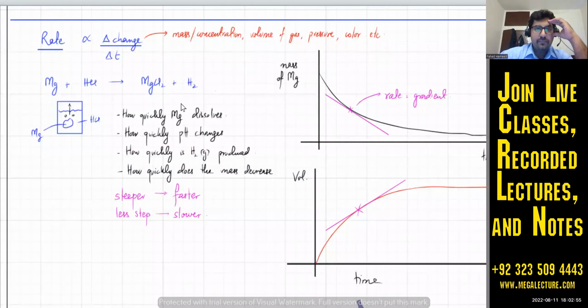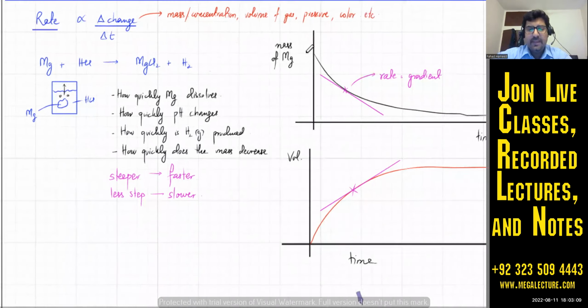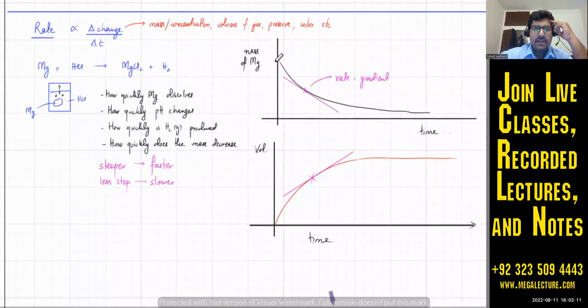So this is what we were doing. I told you that if you have this reaction, how could you measure the speed of the reaction? You can measure any change. How quickly does Mg dissolve? So you can plot the mass of Mg with respect to time, and you will see how quickly it's changing.